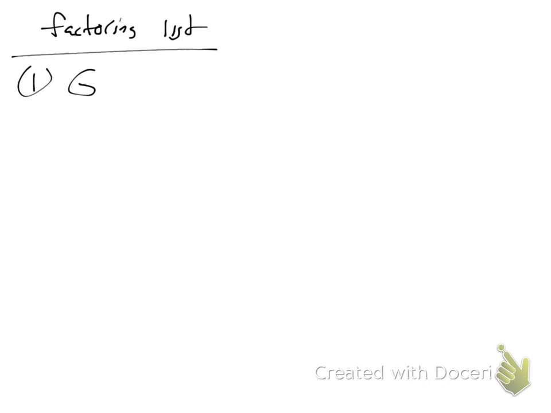So let's talk about that factoring list again. First thing you should always do, greatest common factor. Greatest common factor is always the first thing you should do. Is there anything in all of them that they can give up? If it's got two terms, think of difference of squares.